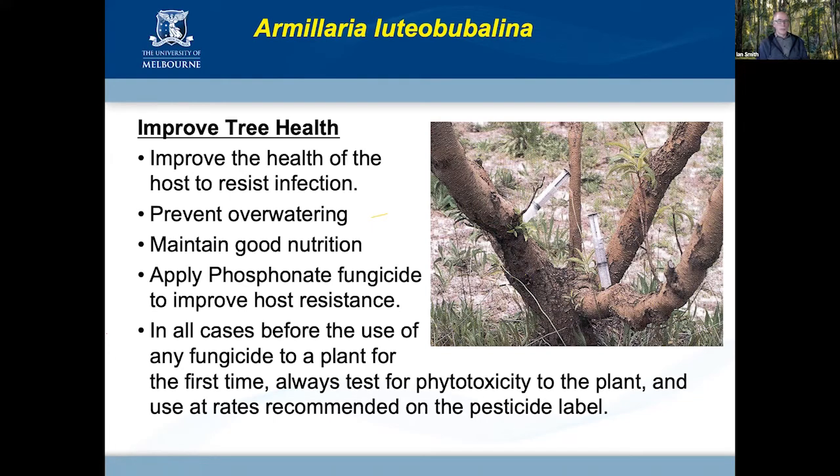If a tree is overwatered, it tends to get so much water in it that Armillaria tends to get going in the trees as well. In all cases, if you're going to use any fungicide on any plant for the first time, you always test for phytotoxicity.